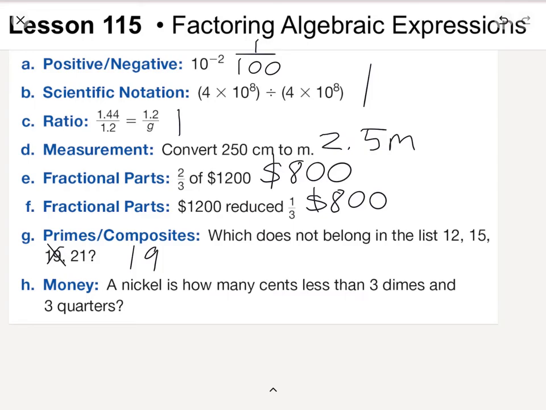So 3 dimes and 3/4 would be $1.05. So it is 100 cents less.